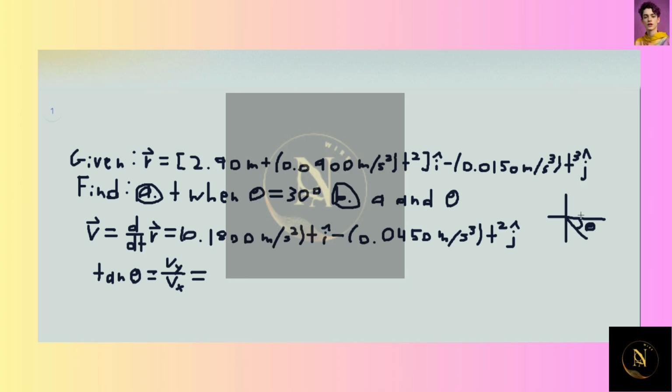If we went counterclockwise up here, we'd have a positive tan theta because we're in the first quadrant. But since we're in the fourth quadrant down here, we have to have a negative. So we have negative tan of theta.